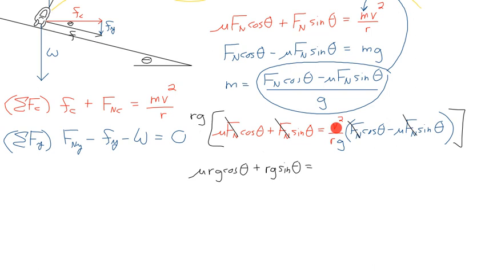But if anything else is the unknown, if theta is the unknown or if mu is the unknown, then I would actually distribute this in. But for now, I'm going to distribute it in. Let's say the V isn't the unknown. Then I would have V squared cosine theta minus mu V squared sine theta.